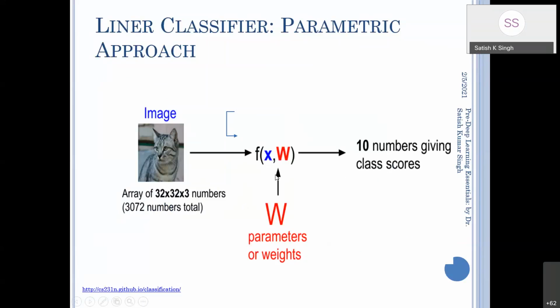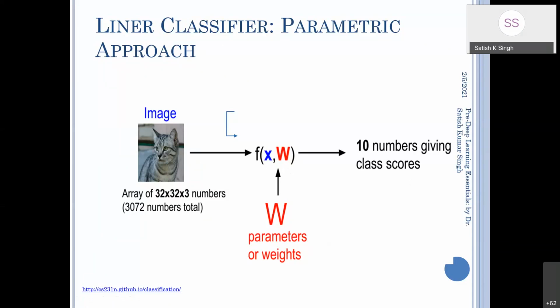And that is passed through a function which depends upon the value of x. X is the input and W is some unknown, meaning a collection of some unknown values at this point of time. And there are 10 numbers giving classes. Suppose there are 10 classes. So this is a simple classification problem. Using this parametric approach, this f will depend upon some parameters, maybe from any distribution.